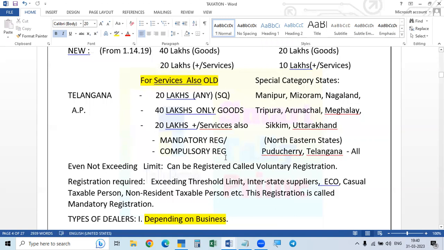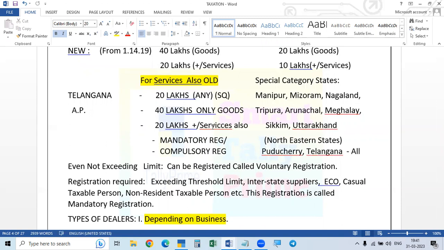They have to get the GST number. That means they have to register under the GST Act. Under the GST Act, if you register, you will get the GST number.